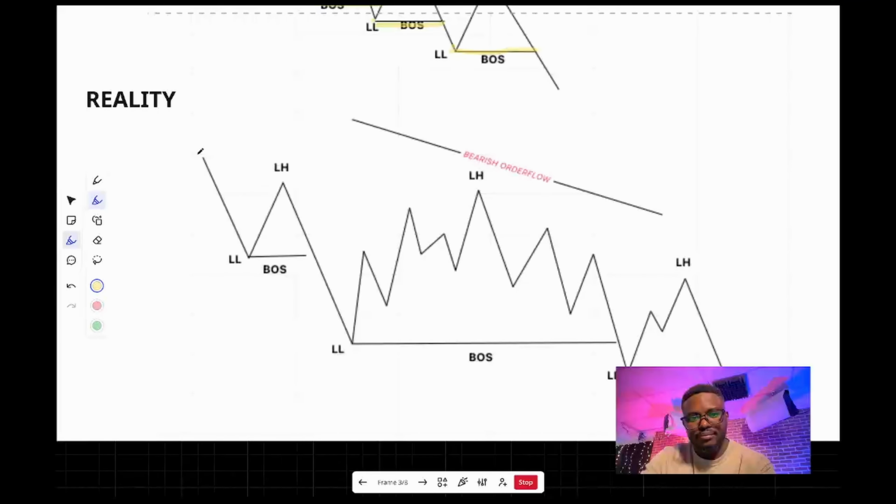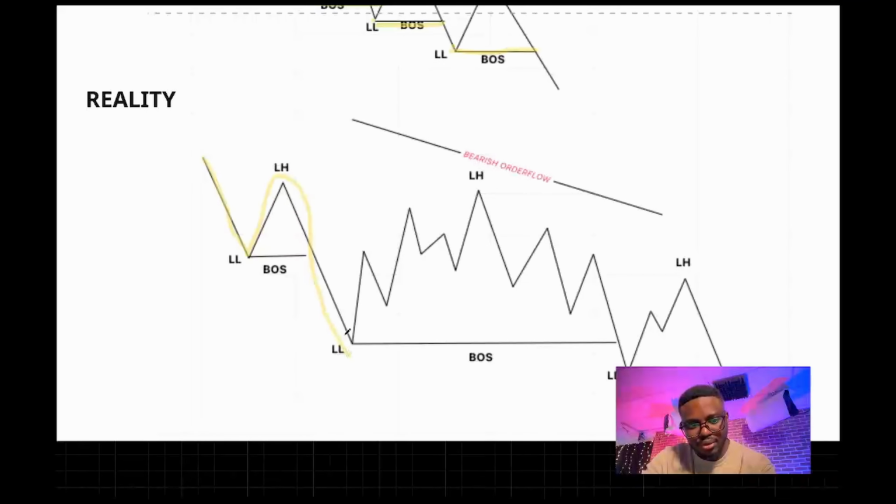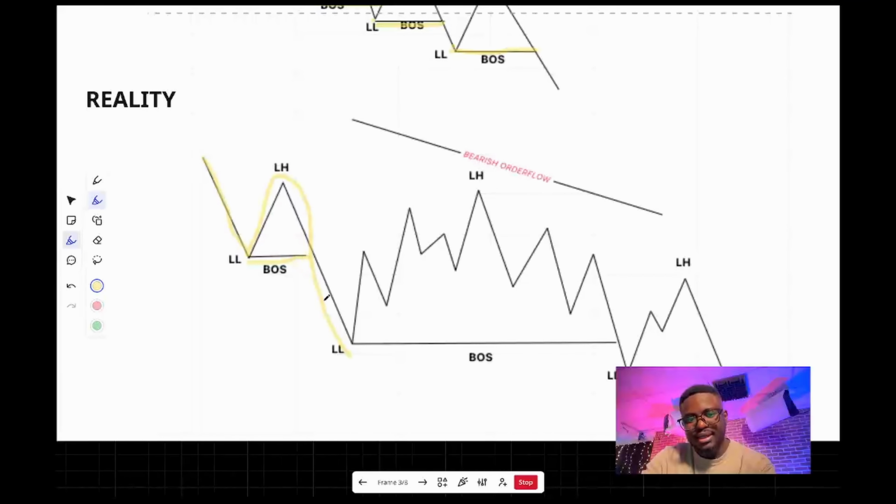Now, price action is very, very choppy. So when you have your lower low, you have your lower high, you have your lower low, the break of structure. Now, this lower low is termed by the last low before the break of structure. And this lower high is termed by the last high before the break of structure.